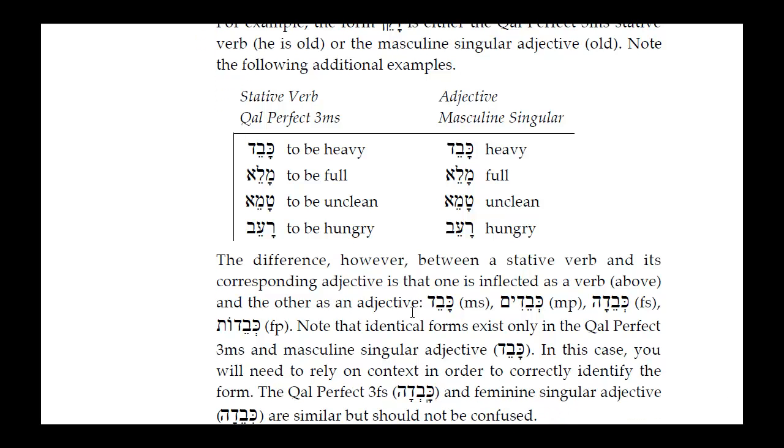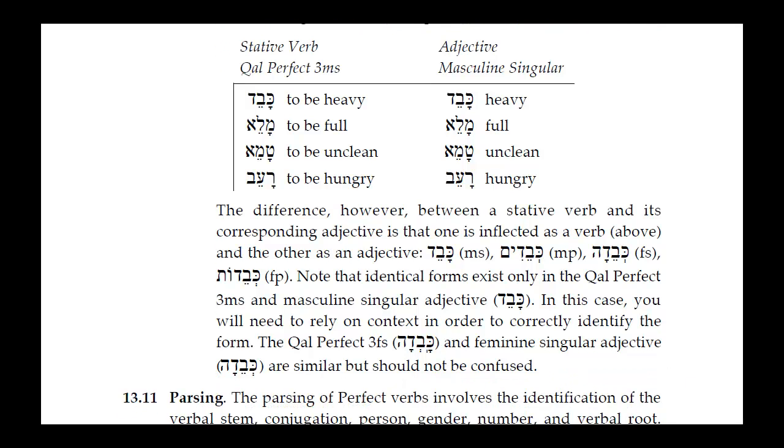The difference, however, between a stative and its corresponding adjective is that one is inflected as a verb and the other as an adjective. So you see kaved, masculine singular, kavedim, masculine plural, kaveda is feminine singular, and kavedot is feminine plural, and that's in the adjectives in here. So it's only going to affect the third masculine singular, which is the only place there may be a little ambiguity.